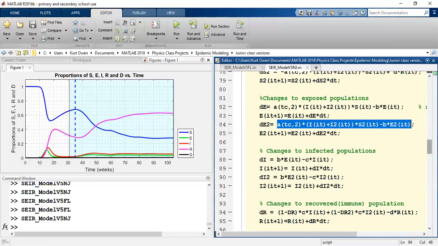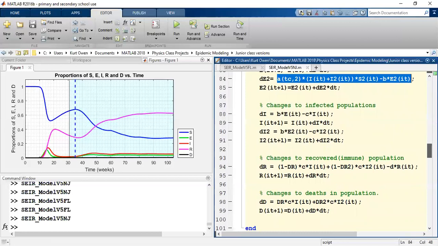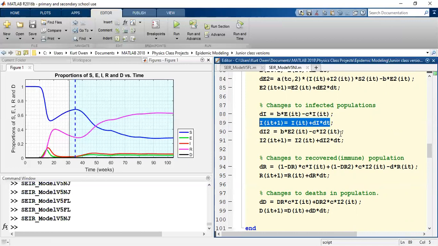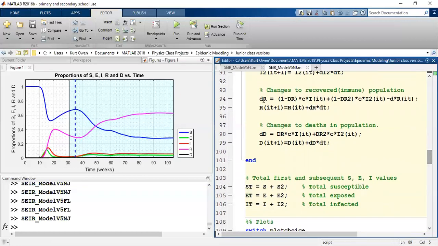So we have 4 lines of code for E, and then we have 4 lines of code for I. Remember, BE goes into the infected pool, and CI is coming out of the infected pool. We just add the changes on in the next line of code, and then we do the identical thing for the second infected pool.